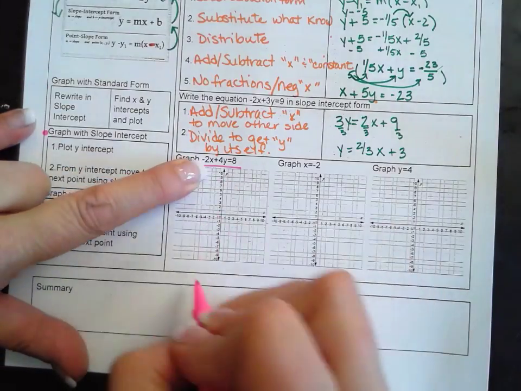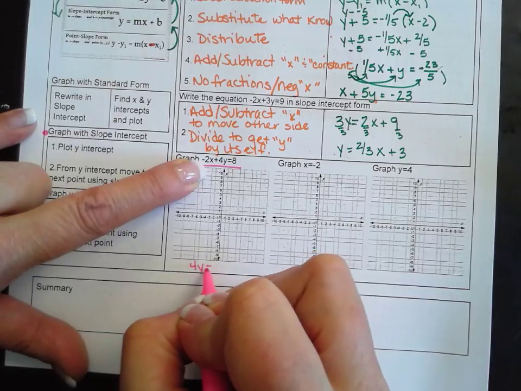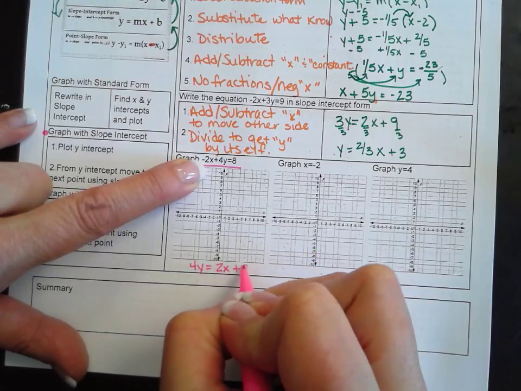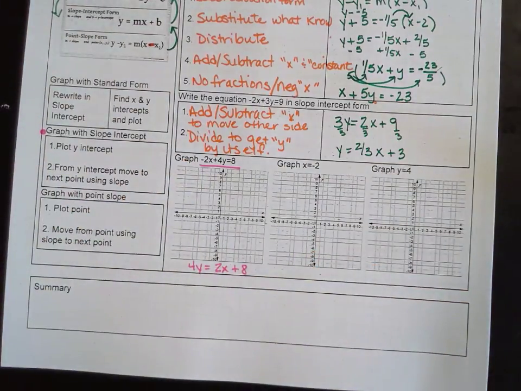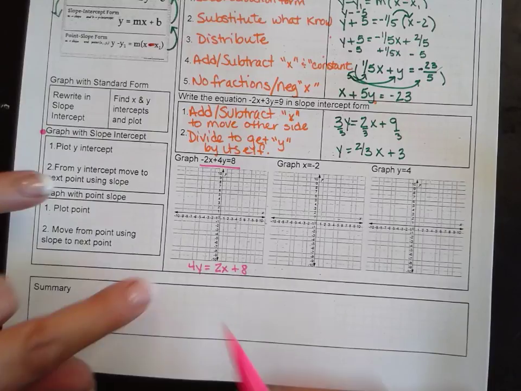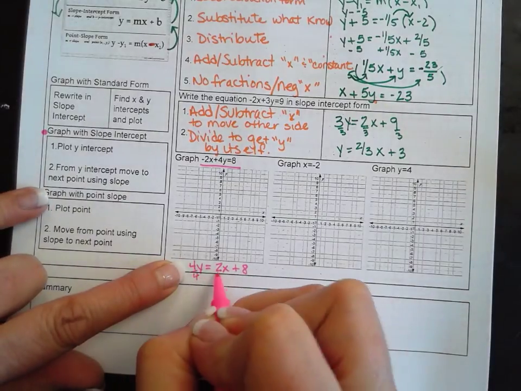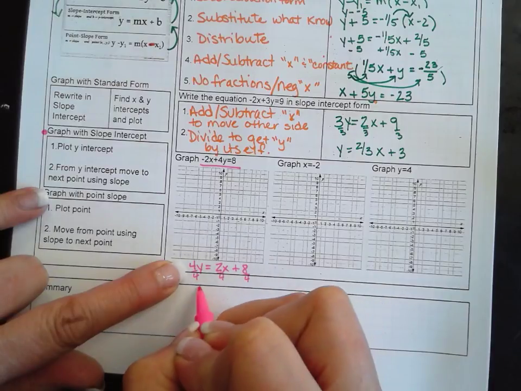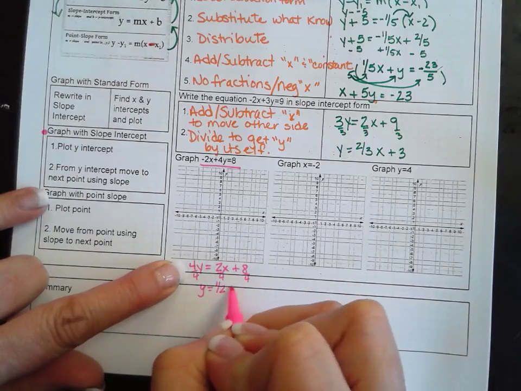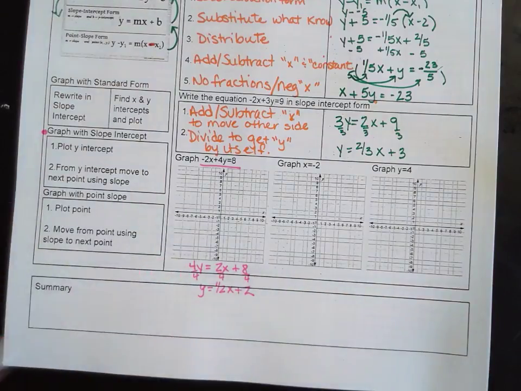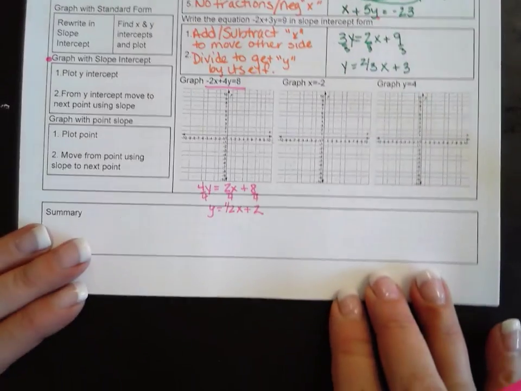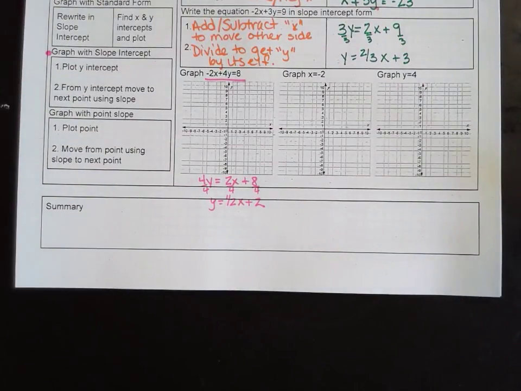So I would end up with 4y is equal to 2x plus 8. Everybody good on that? Divide by 4. And so y is equal to 1/2 x plus 2. Good? Awesome. Now I'm in slope-intercept form.